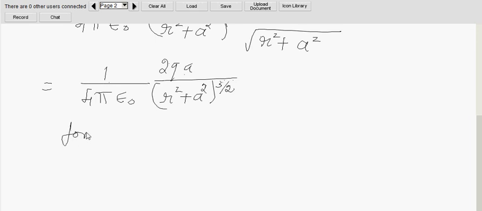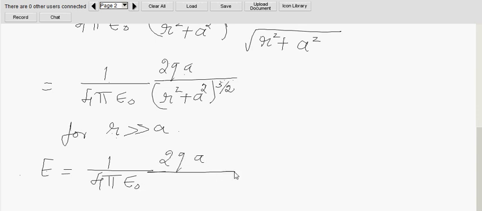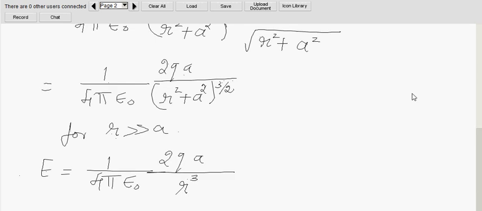For r much greater than a, we get E as 1 by 4 pi epsilon naught into 2qa divided by r cube, because r square to the power 3 by 2 gives r cube, and we know 2qa is nothing but p.